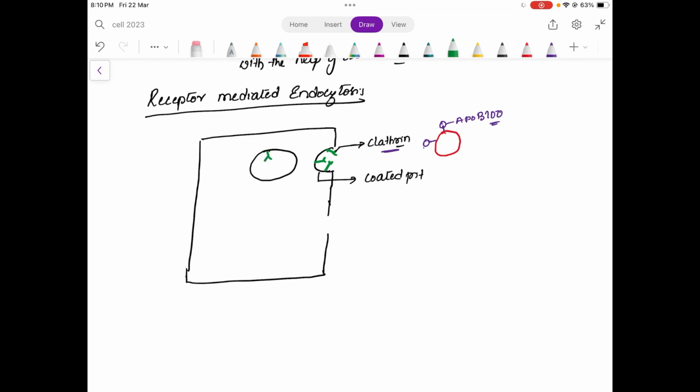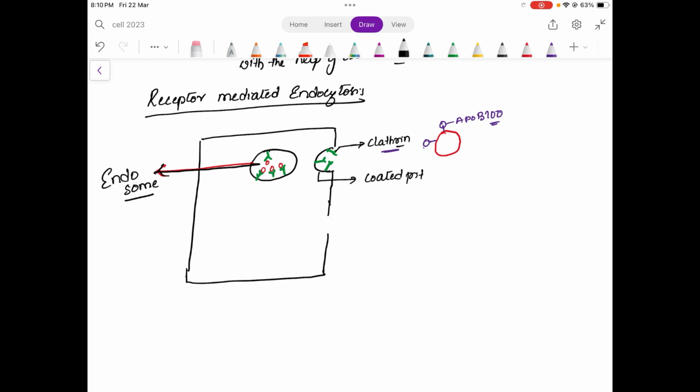There will be an internalization of this cell membrane, and they will form an endosome.